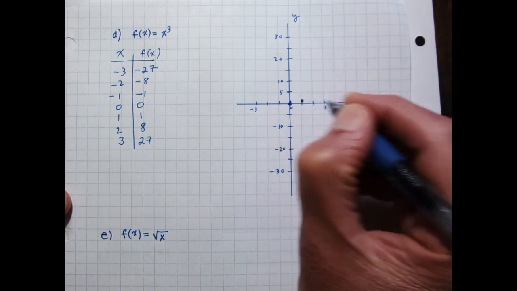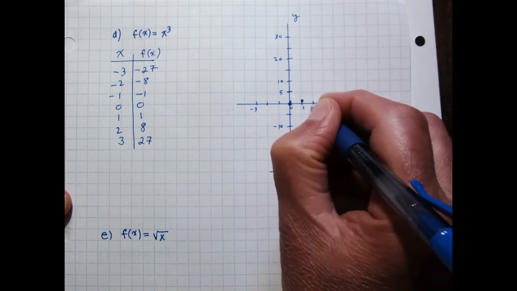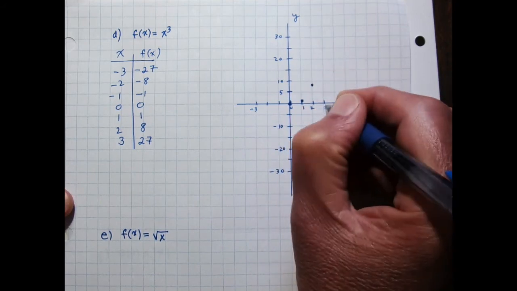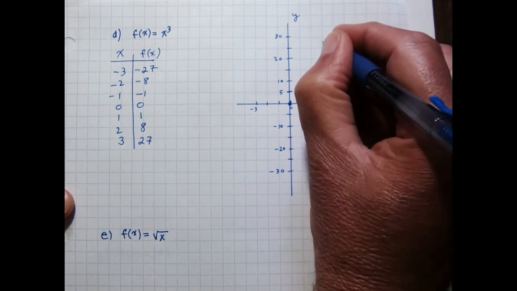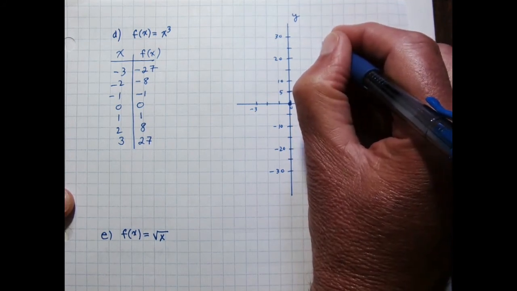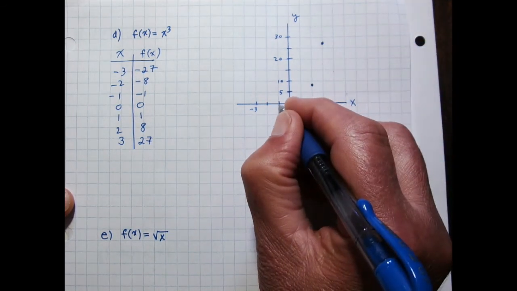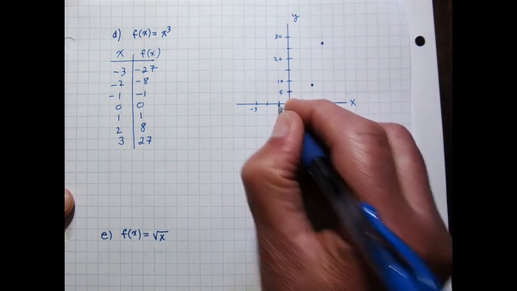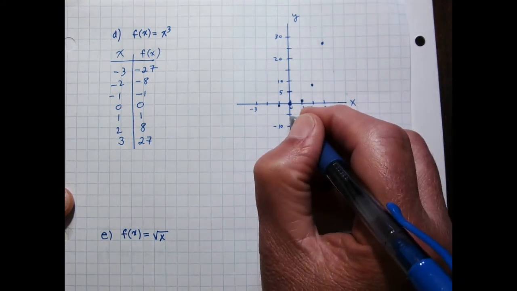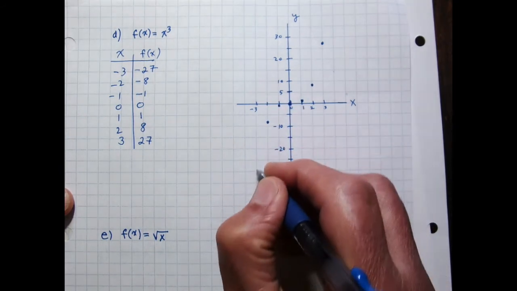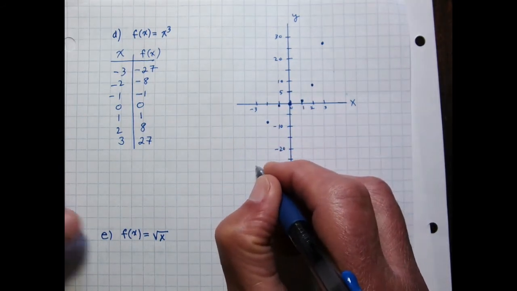It's really, really close to the x-axis. 2, 8, okay, that's going to be about there. 3, all this was to make room for 3, 27. And then I have negative 1. Negative 1 is also going to be very close to the x-axis below. Negative 2, negative 8. And negative 3, negative 27.